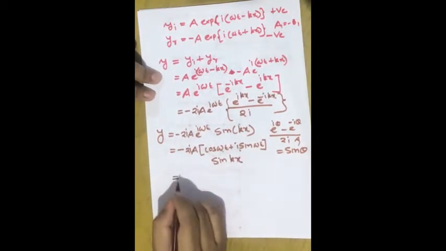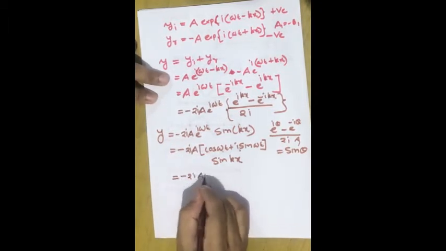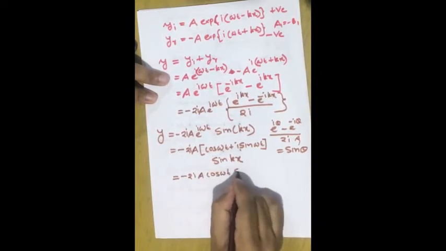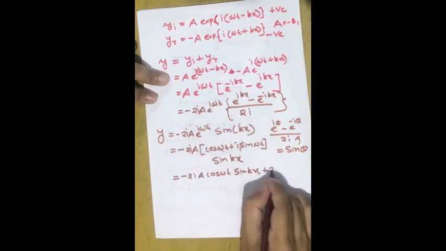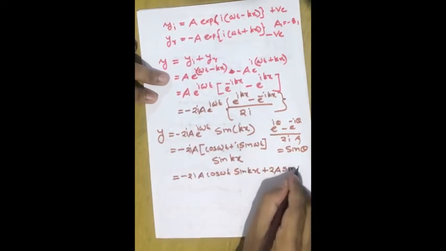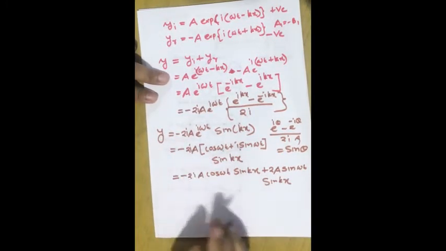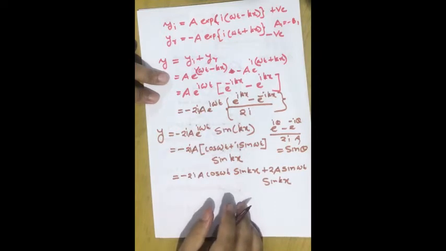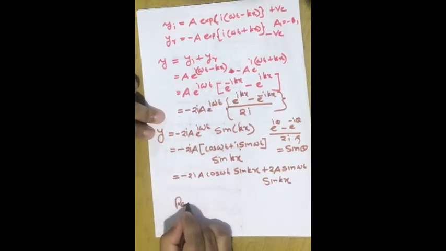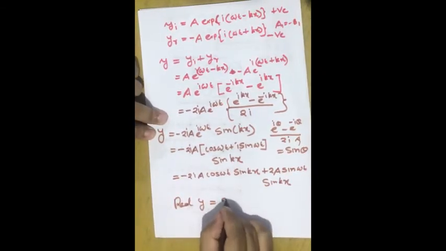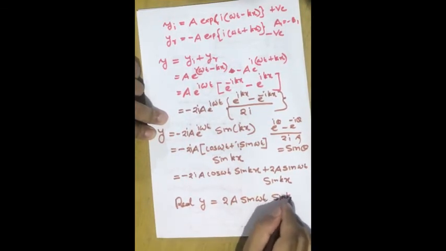Okay, so this will basically give us minus twice i a cos ωt sine kx. i squared is equal to minus 1, so basically this is twice a sin ωt into sine kx. For real amplitude, we know that standing waves are real, therefore we take the real part of the resultant amplitude. So the real part of y is equal to twice a sin ωt into sine kx.